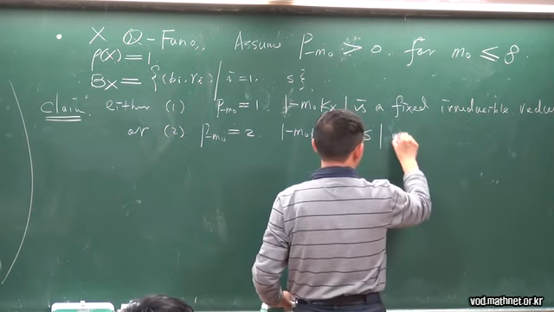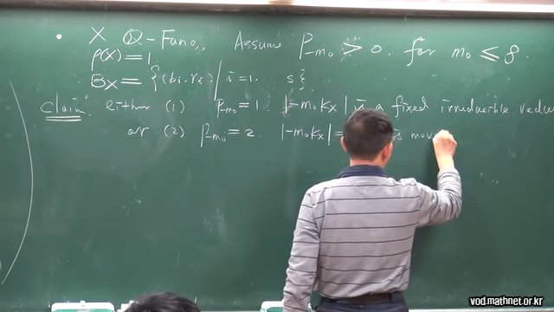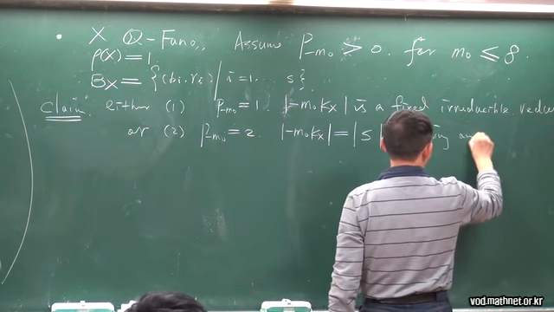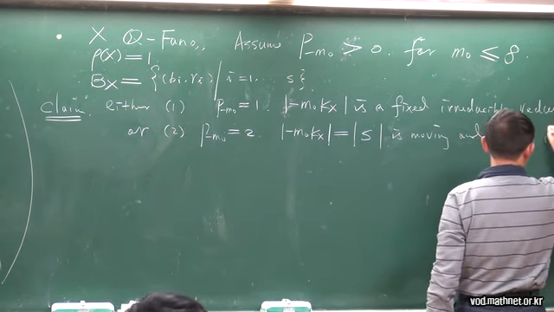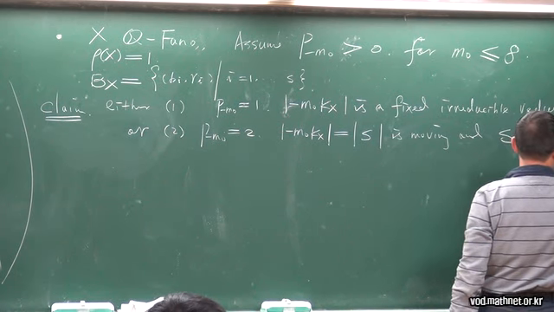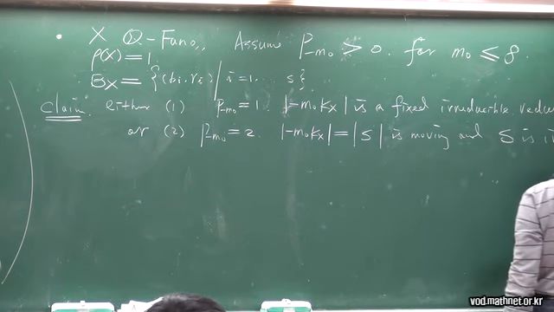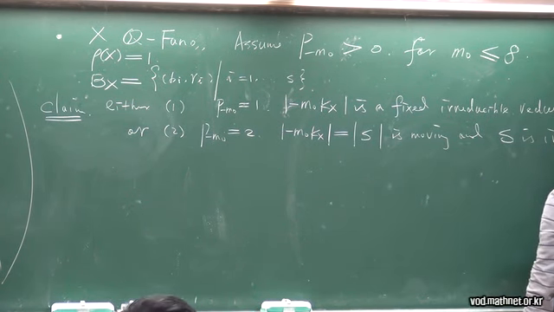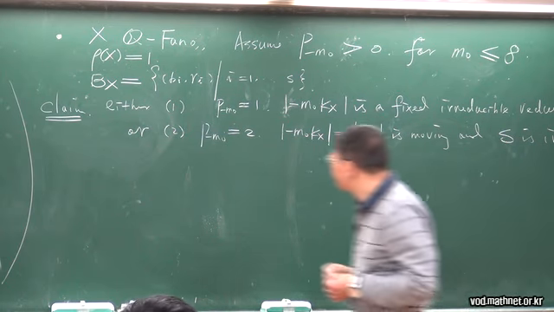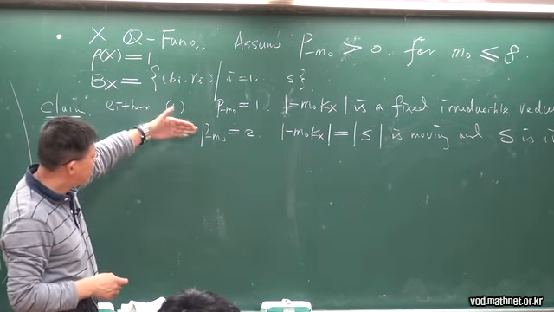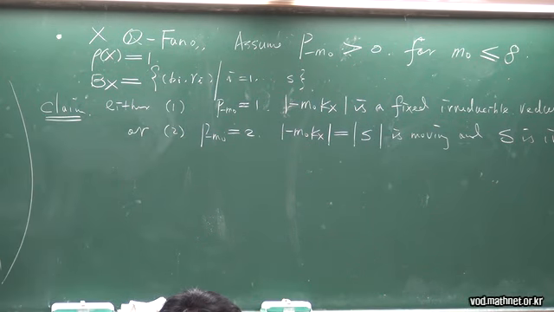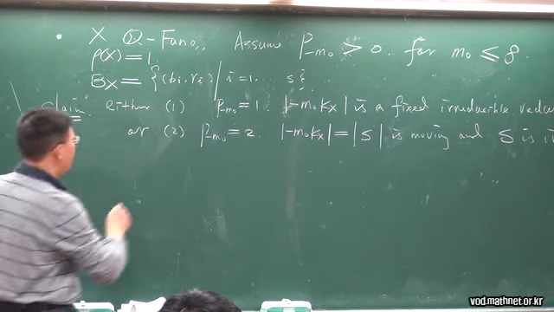This is moving, and S is irreducible and reduced. So this is a pencil, of course. Since this is Q-Fano, it must be a rational pencil, since q is 0.